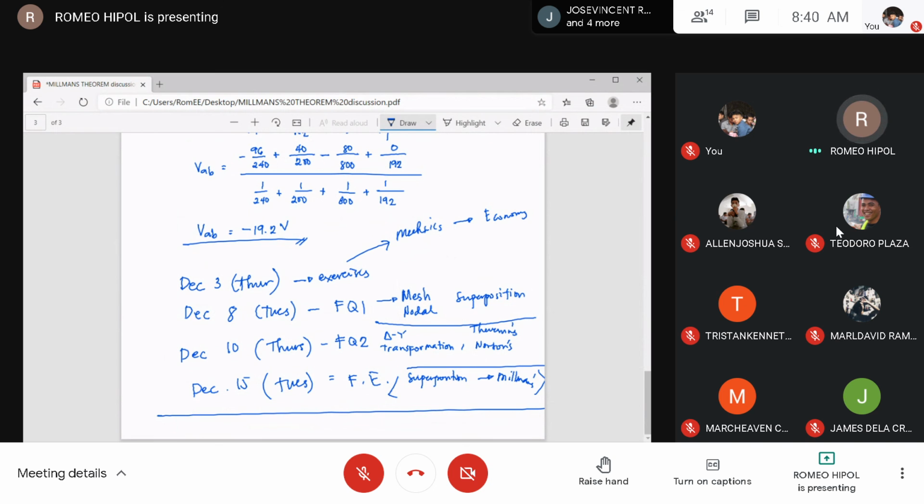Wait lang. Check natin ulit. Okay, sige. Siguro hindi ko na isasama to. Hindi ko na isasama yung mesh at nodal. Ay, hindi pa tayo nakapag-exam ng nodal, no? Di pa kasama yung nodal ng midterm exam, no? Mesh lang pala yun.